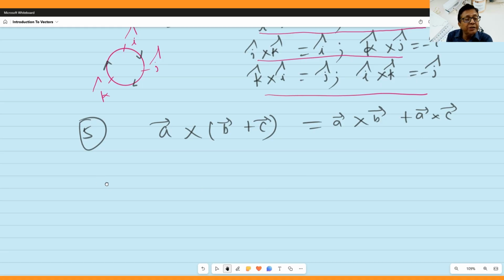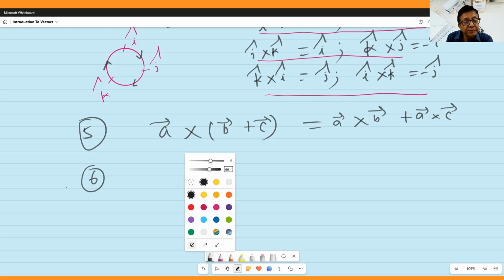Now, if we try to find the cross product between two vectors A and B when they are written in terms of I, J, K, what will be the result?